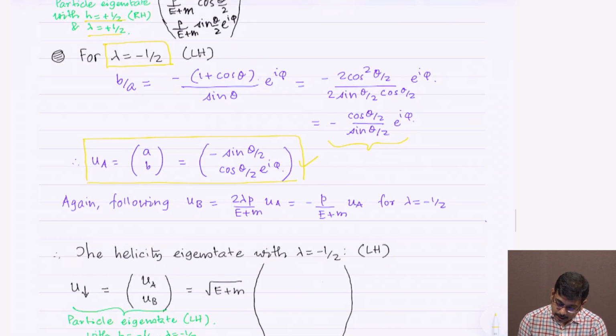And once again, let us go back to the expression of UB, which is actually 2 lambda P by E plus M into UA, and here I am going to put lambda equal to minus half.